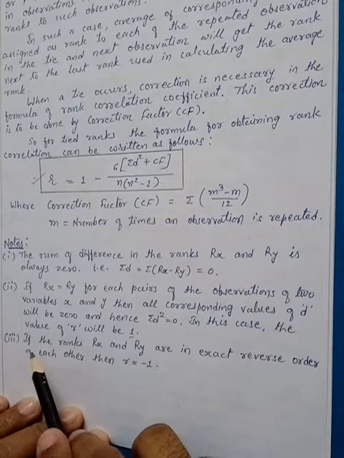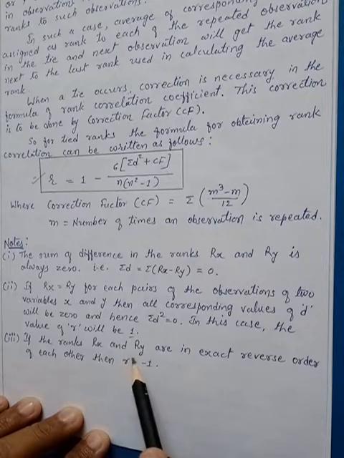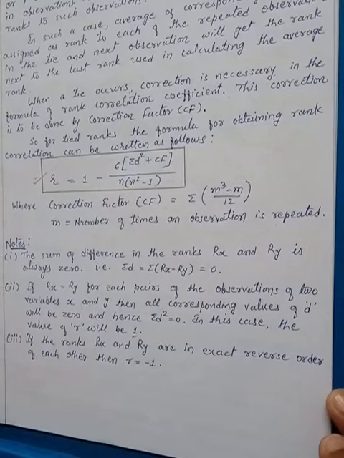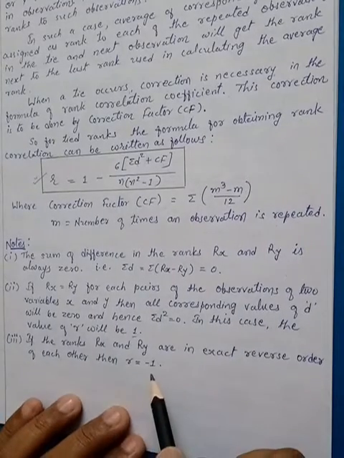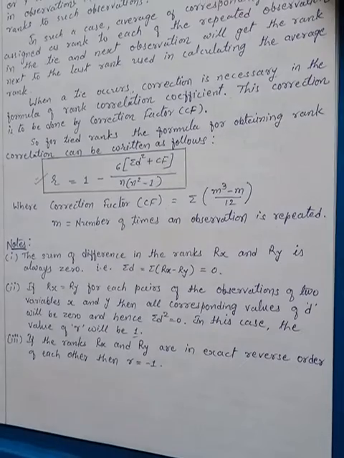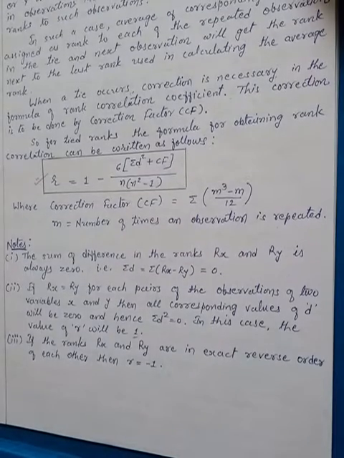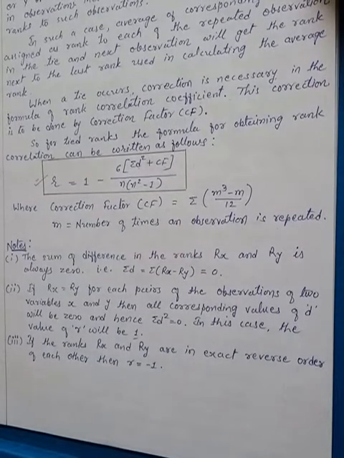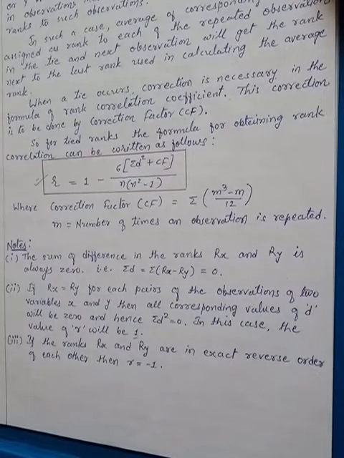And in the same way, next one, if the ranks Rx and Ry are in exact reverse order of each other, then the value of R will be -1. Exactly reverse order means what? Suppose we have assigned Rx ranks 1, 2, 3, 4, 5, and Ry ranks 5, 4, 3, 2, 1.